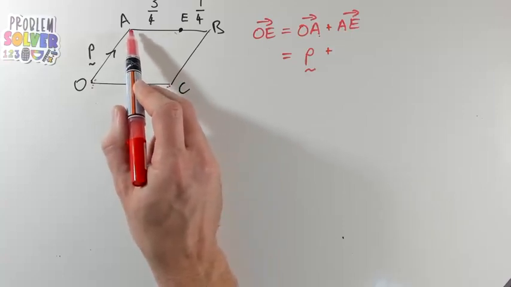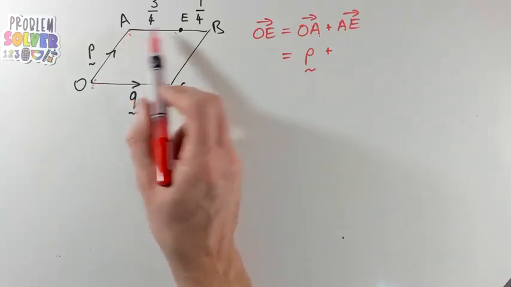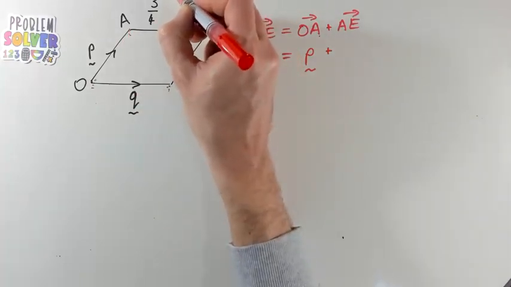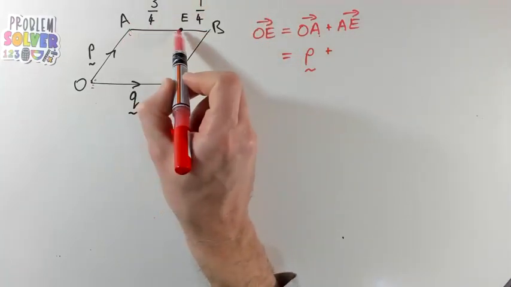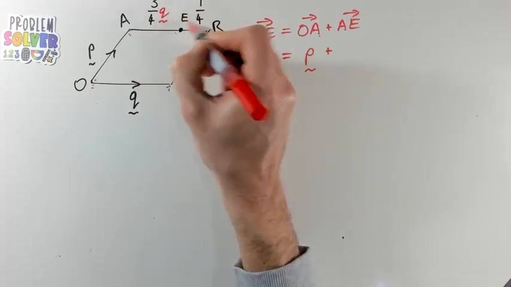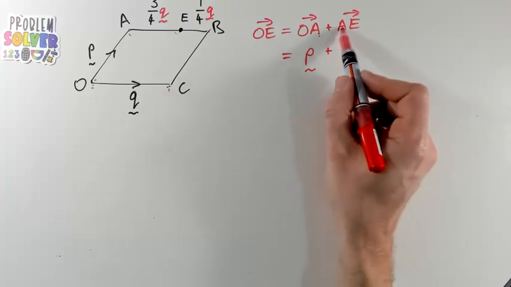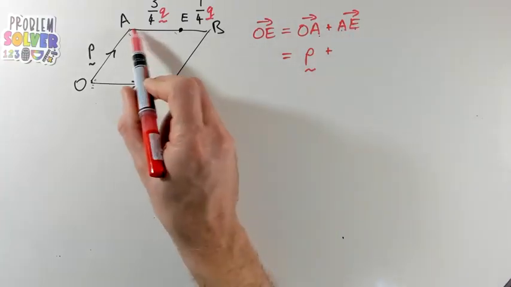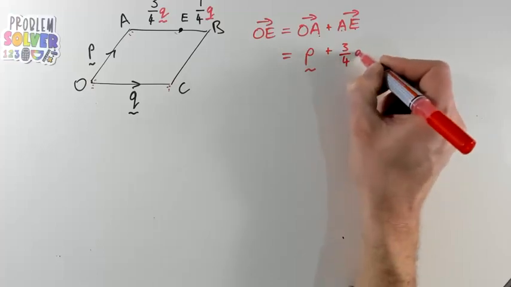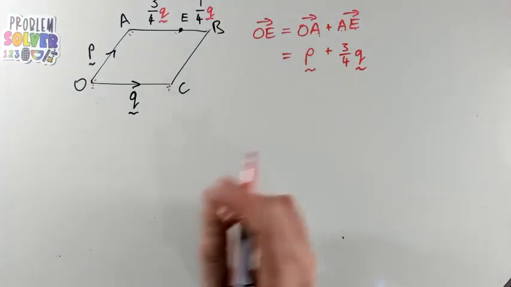So as a vector, moving from O to C is the same as moving from A to B. So A to B is just going to be Q. So AE is going to be 3/4 of Q, and EB is going to be 1/4 of Q. So the AE part is just 3/4 Q. Wow, that was so much easier. I should have started with this one.